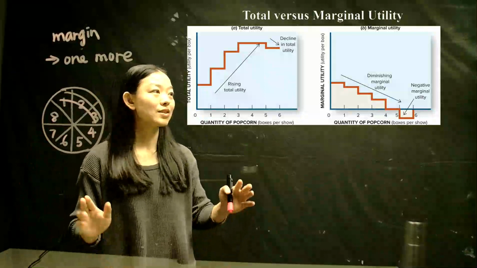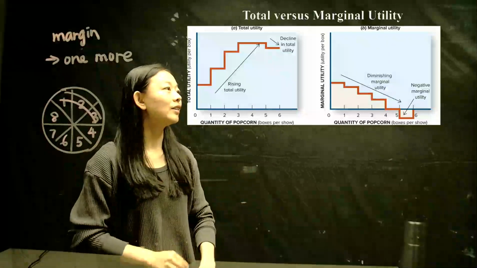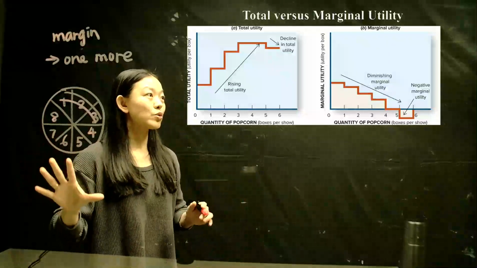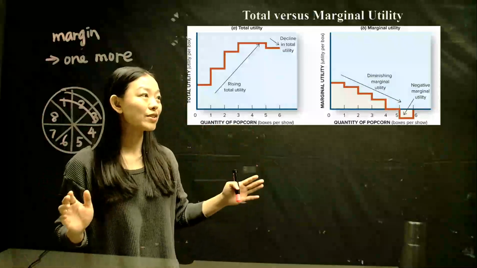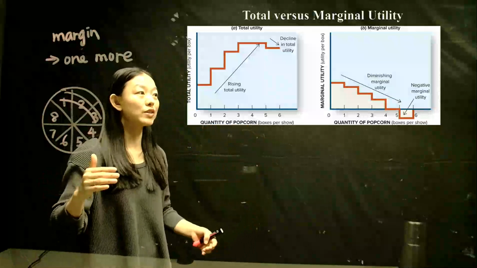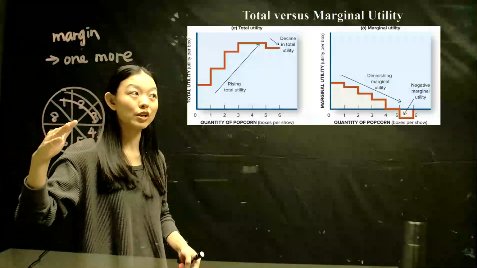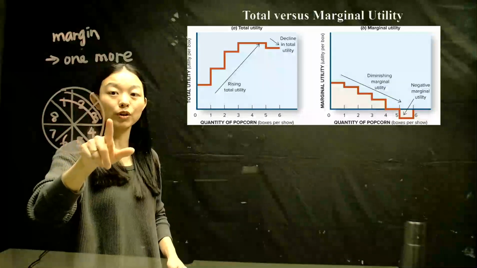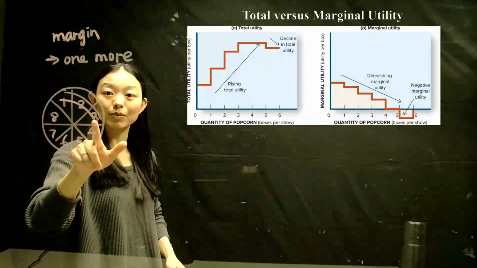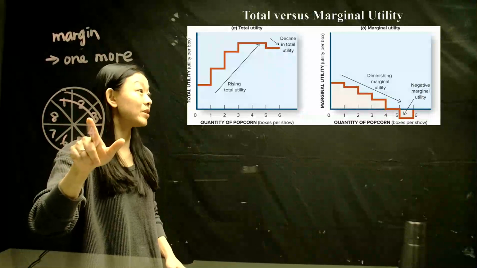So you can see these two graphs, okay? On the left hand side, it shows the total utility. And on the right hand side, it shows the marginal utility. You can see the total utility will first increase until it reaches the maximum, maybe when you eat the third slice of pizza.